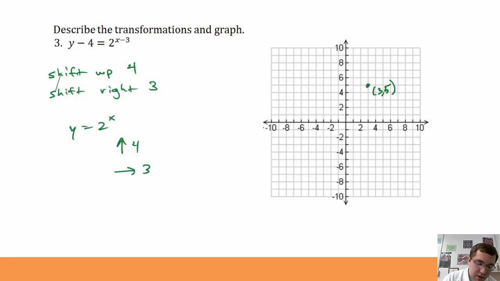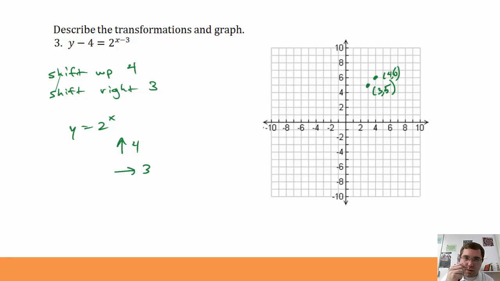Okay? y equals 2 to the x went through the point (1, 2). So I'm going to move that up 4, which will make it (1, 6), and to the right 3, which is going to make it (4, 6). It went through the point (-1, 1/2).